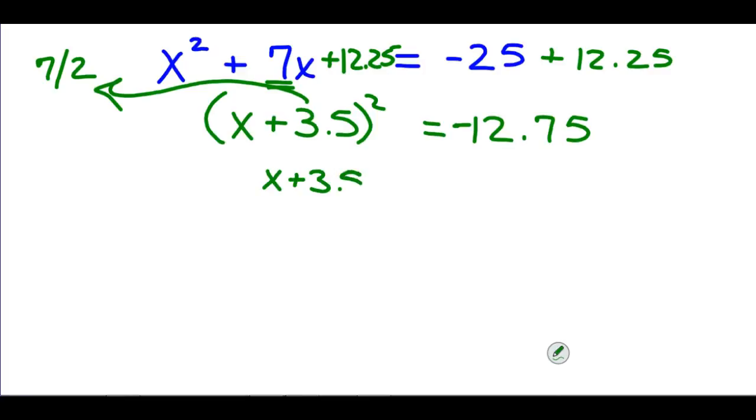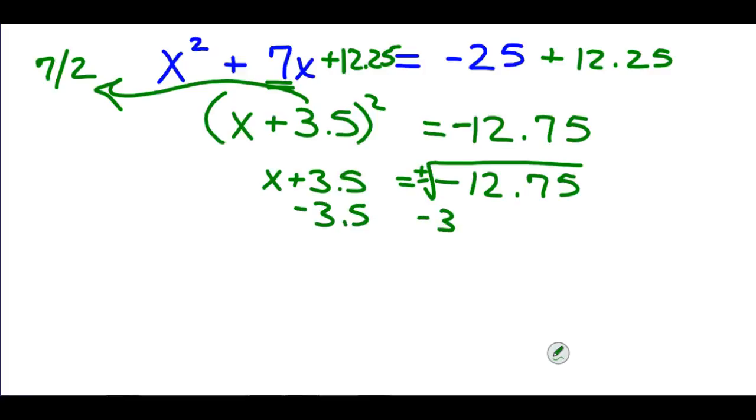So we have x plus 3.5 equals plus or minus the square root of negative 12.75. Our last step before hitting the calculator is to subtract 3.5 from each side. And we have x equals negative 3.5 plus or minus the square root of negative 12.75.